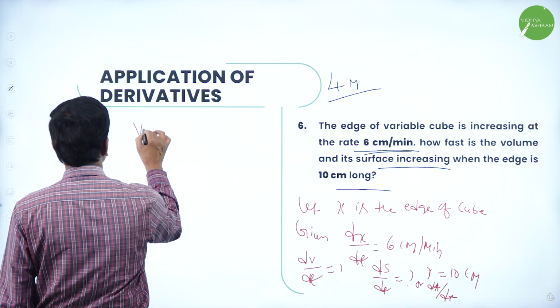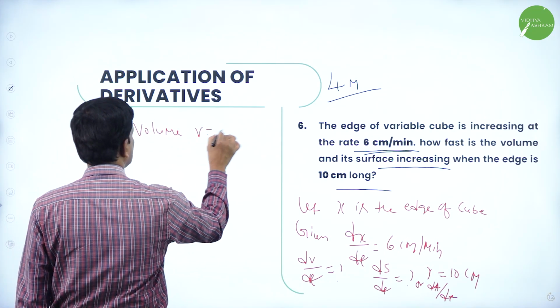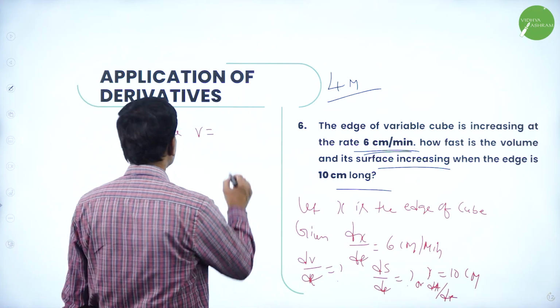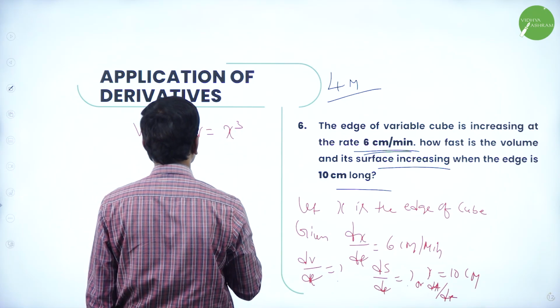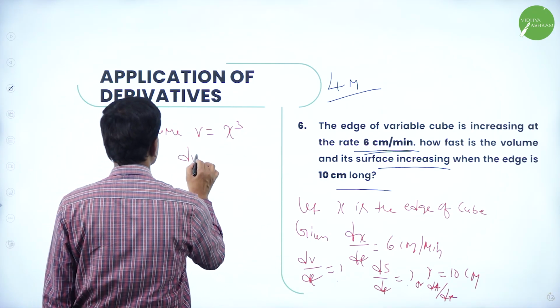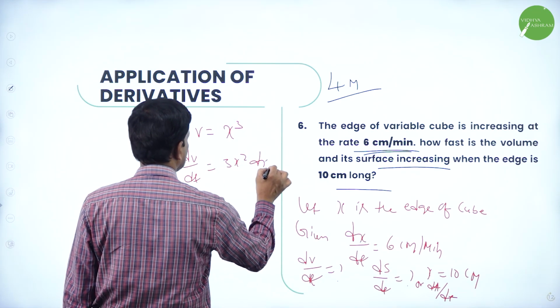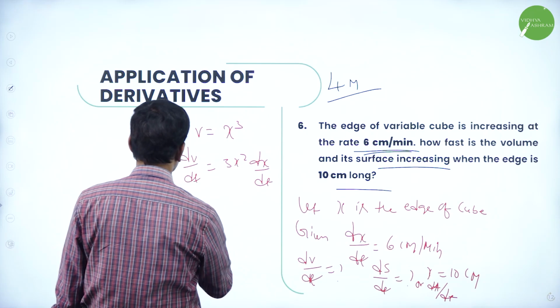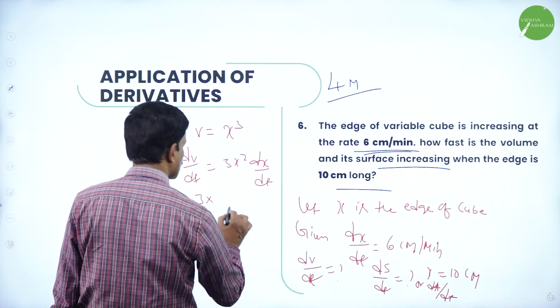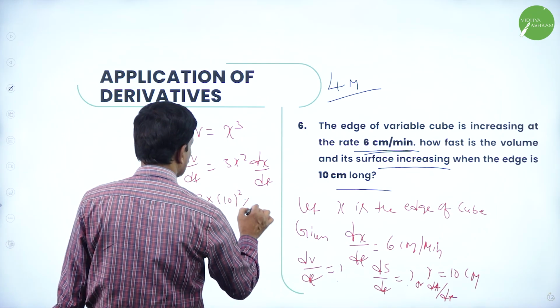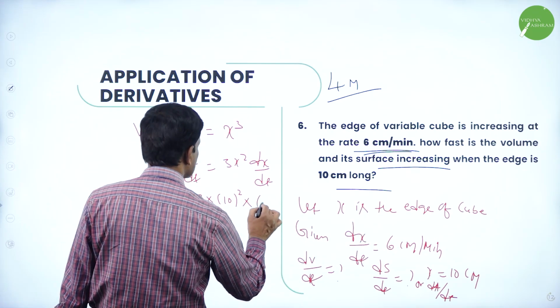What is the volume? Volume V is equal to x into x into x, x cube. Now differentiate this. dV by dt is equal to 3x square dx by dt. So this is 3 into 10 square into dx by dt, which is given as 6.